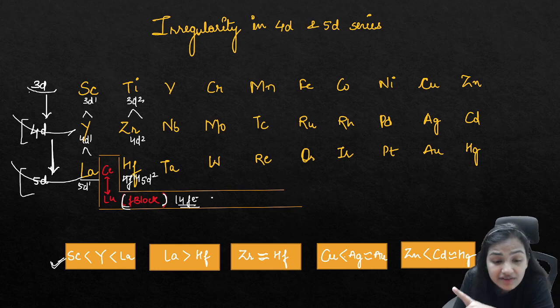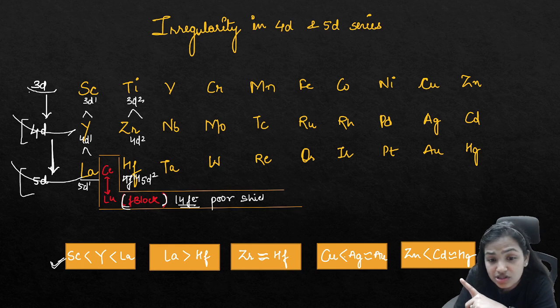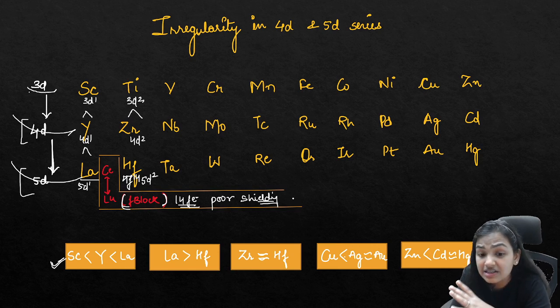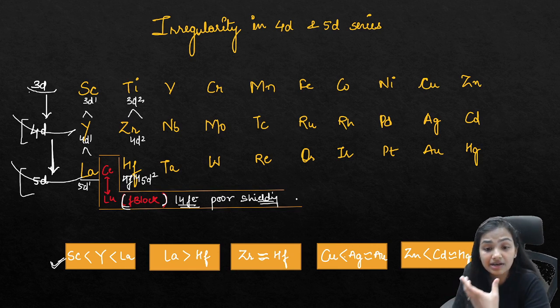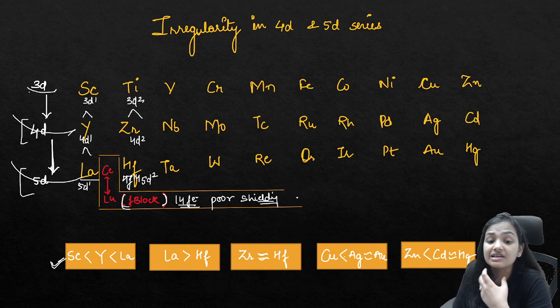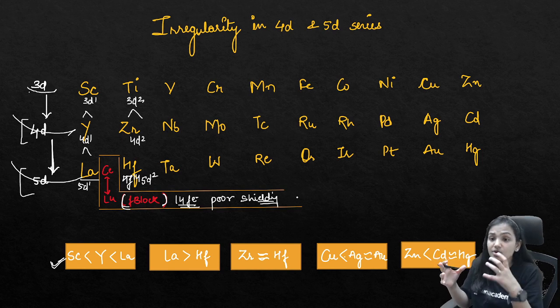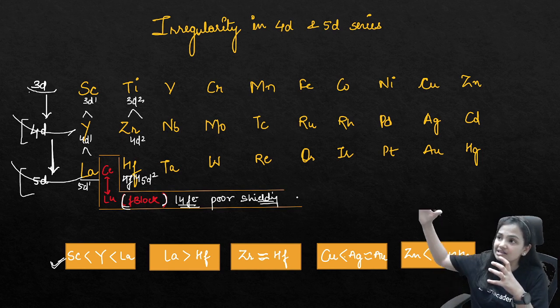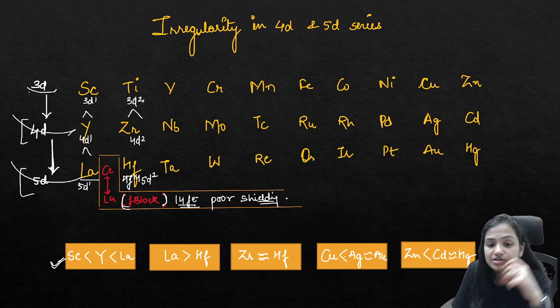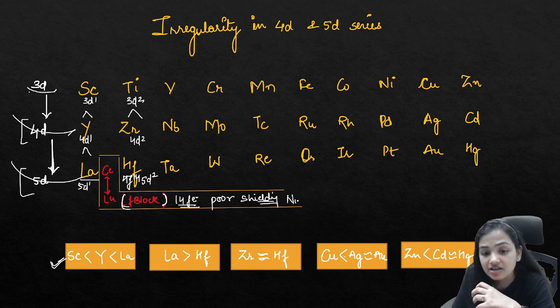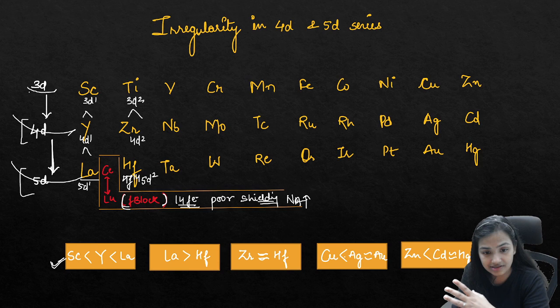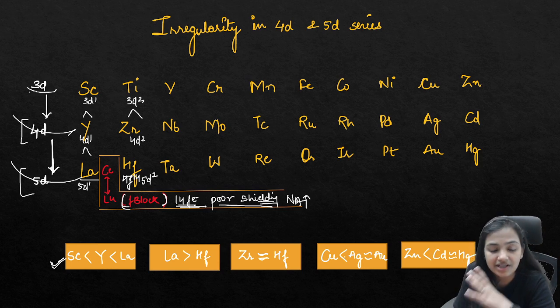Because of those 14 f electrons, there will be poor shielding, because the f orbital does very poor shielding, and because of this poor shielding, the Z effective increases. The shielding becomes poor, then the nucleus becomes more powerful. The nucleus will be able to attract the last electron more strongly. So here we could say that the nuclear attraction increases.